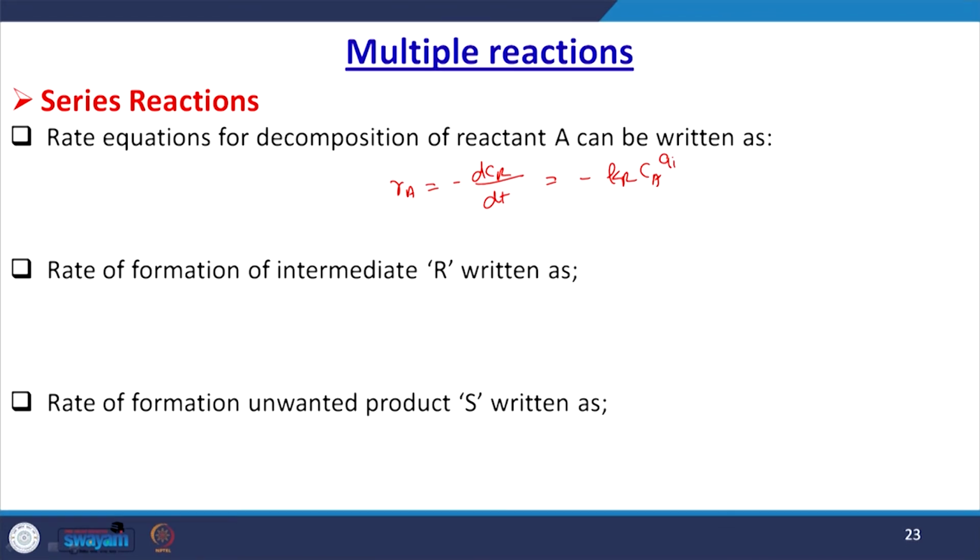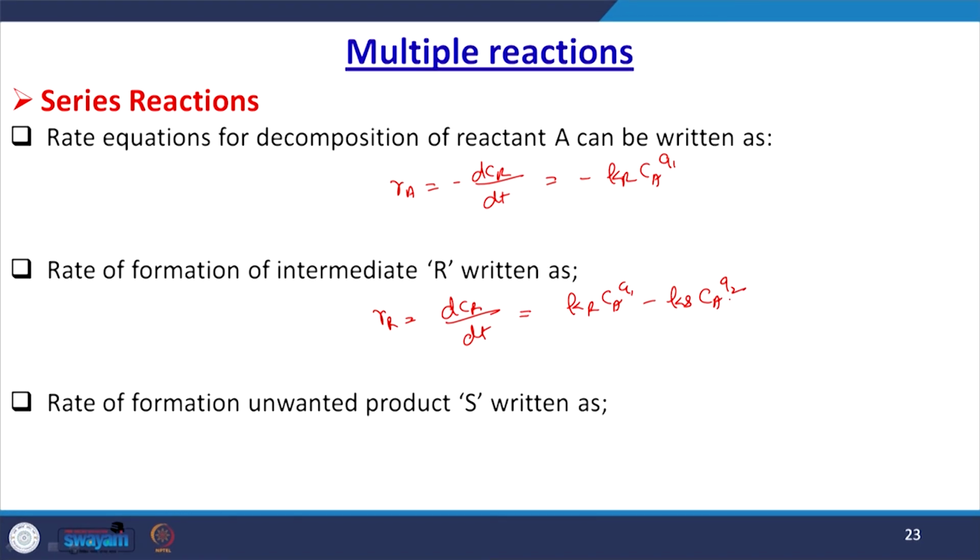Now if we write the rate of formation of intermediate R, it can be represented as Rr = dCr/dt = Kr Ca - Ks Cr.